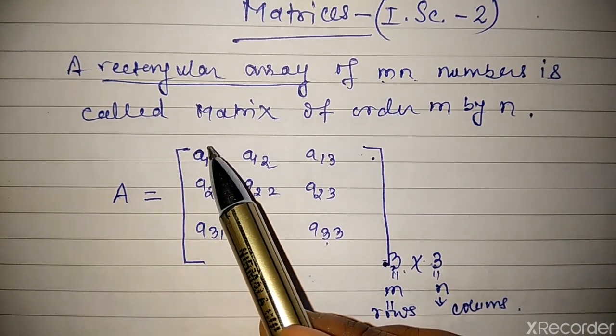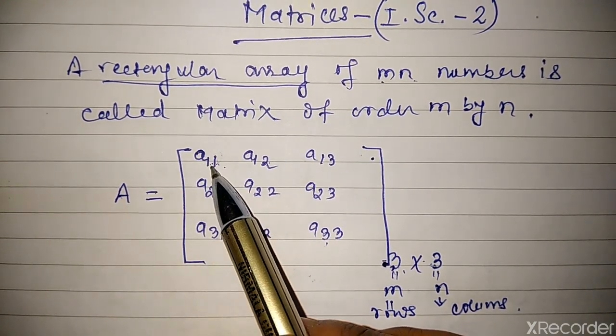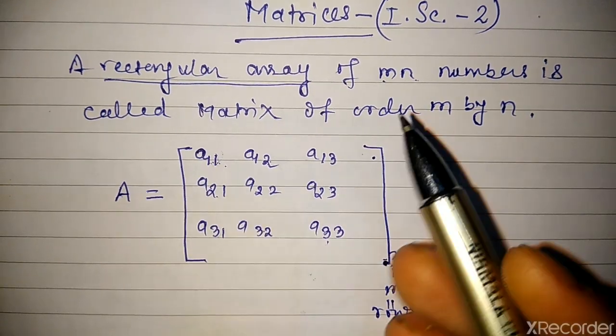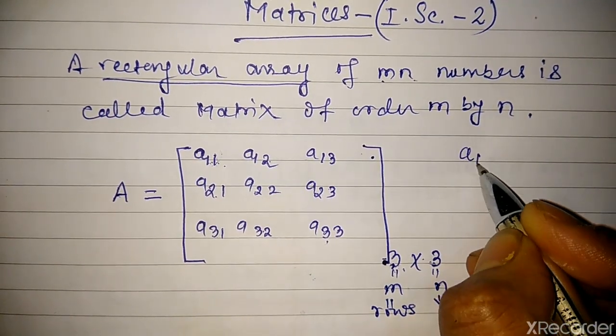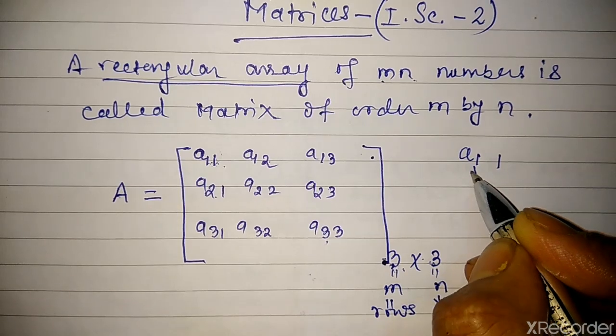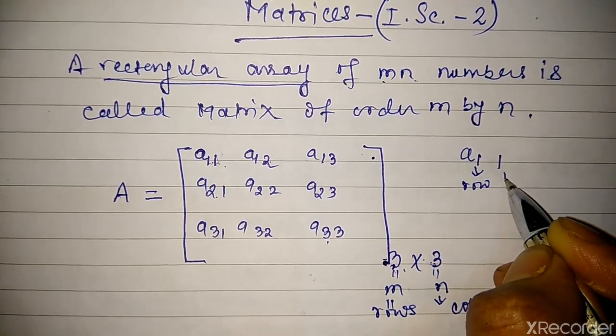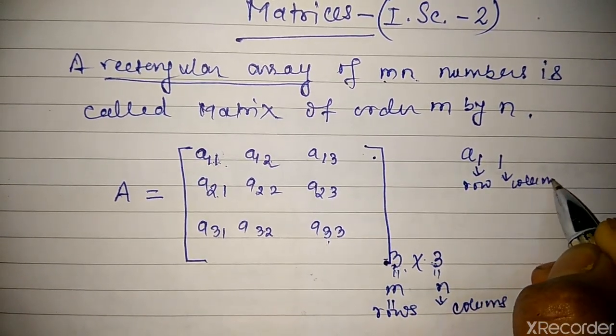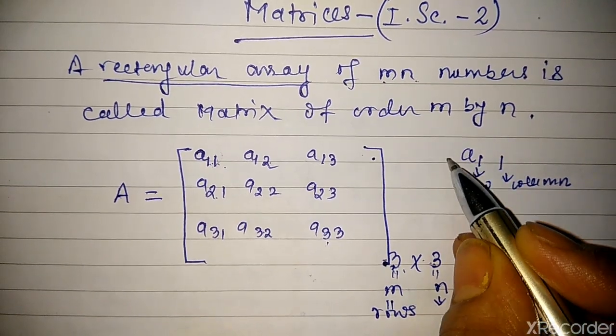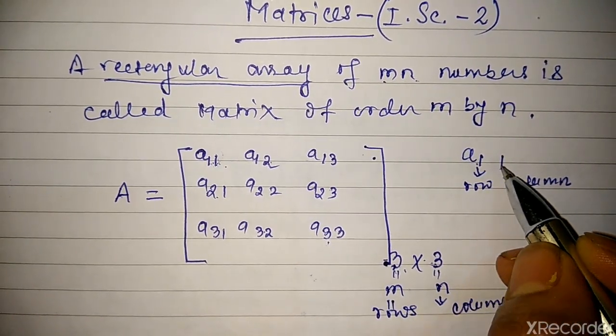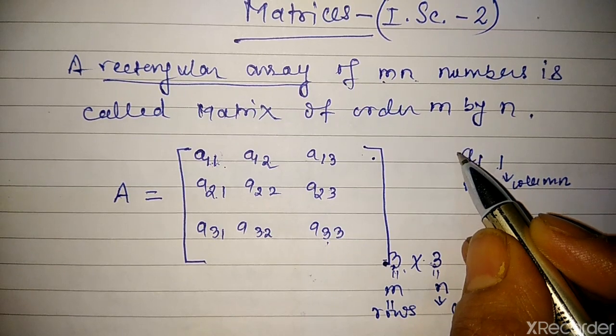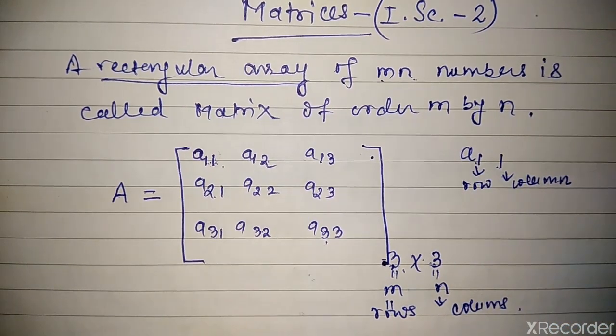Then we say A11, first row and first column. If we write A11, then the first index is your row and the second is your column. So this is known as the first row, first column element, and the element is A11.